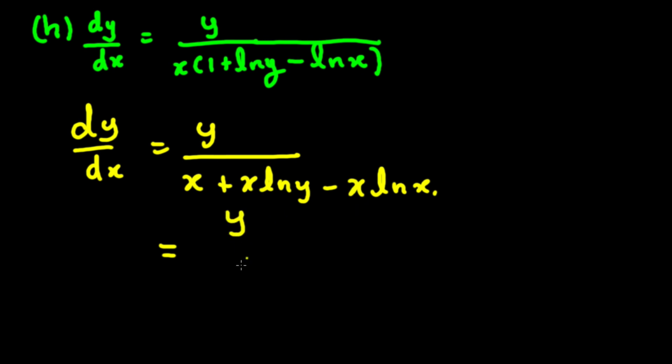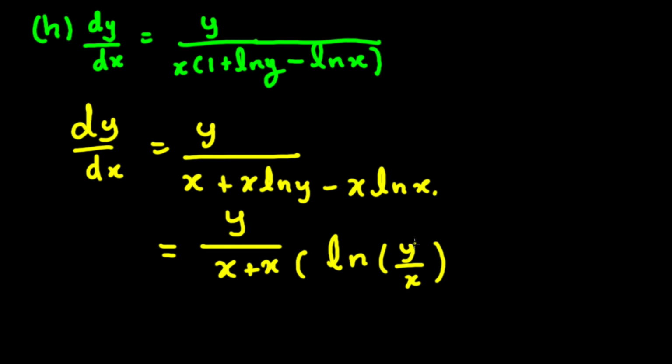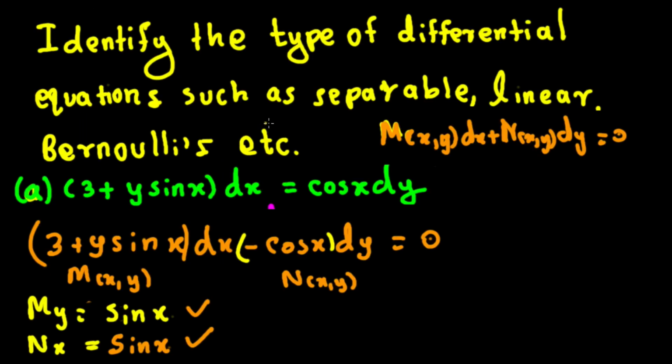So this is going to be y divided by x plus x, and ln, instead of y minus x, we can write it as y over x. So in that way, power 1 and 1 cancel each other. This is going to be just power 0. So all of them are power 1, right? We have equal powers. It means this is a homogeneous differential equation. And that's how we find out the differential equation pattern and the type of differential equation.